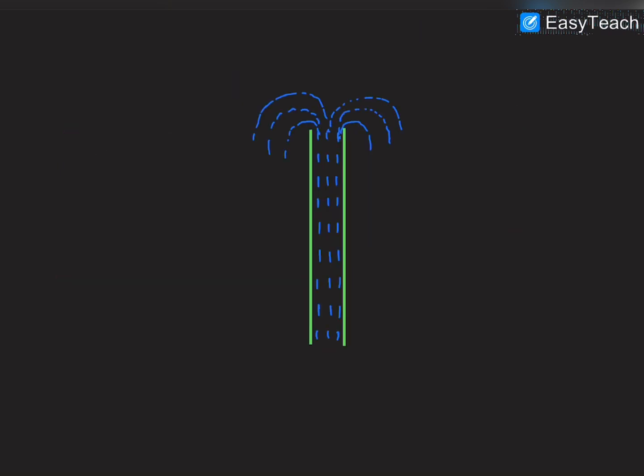Now let us discuss a practical situation in which we are gardening, spraying water through a pipe in the garden, and we hold the pipe vertically in the upward direction, so the water stream goes upward. Obviously, at the topmost point the velocity will become zero, because the water is going against gravity.